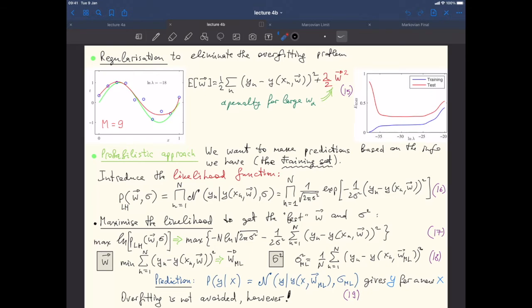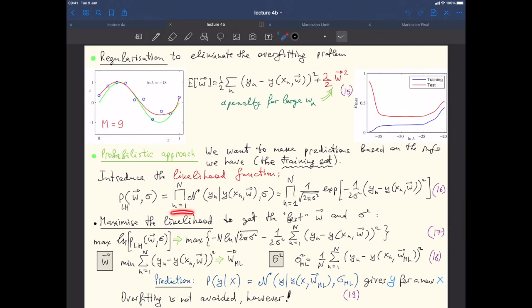And the first point is to introduce this so-called likelihood function. So what is this likelihood function? Again, we have points xn and yn, which correspond to our training set for our function y of x. But this time, we create a probability distribution, the so-called likelihood function, which is a product of Gaussian functions, and each Gaussian function is taken for one particular training point.